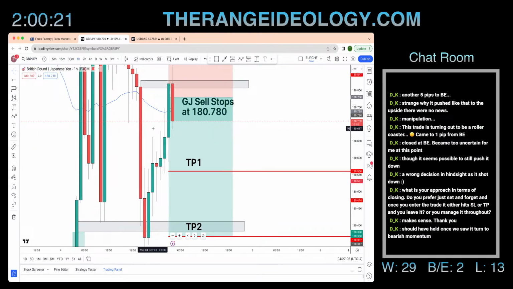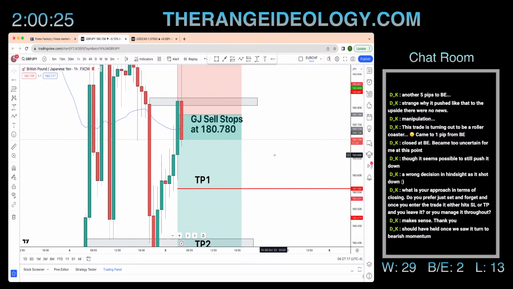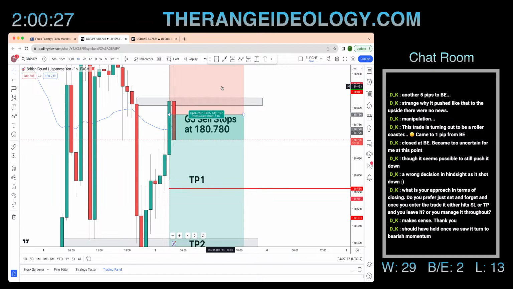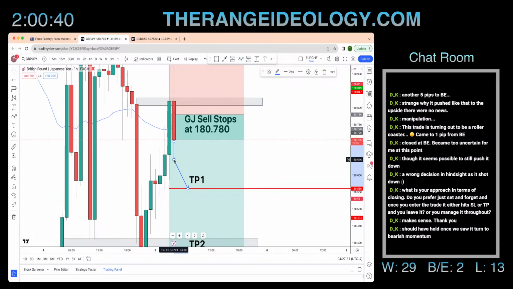So we only have under 3 minutes left before the 30-minute close with the medium impact news. And I do believe that GJ could push down past this area, so I can go ahead and adjust my stops at break even, right? And then anticipate that the next push can bring it down to TP1. Maybe the medium impact news can.